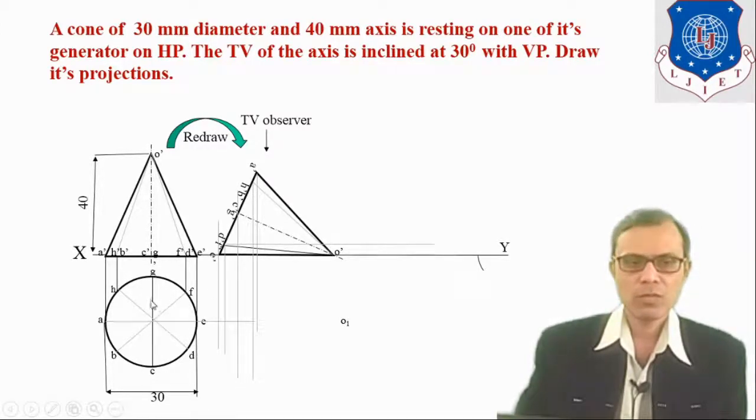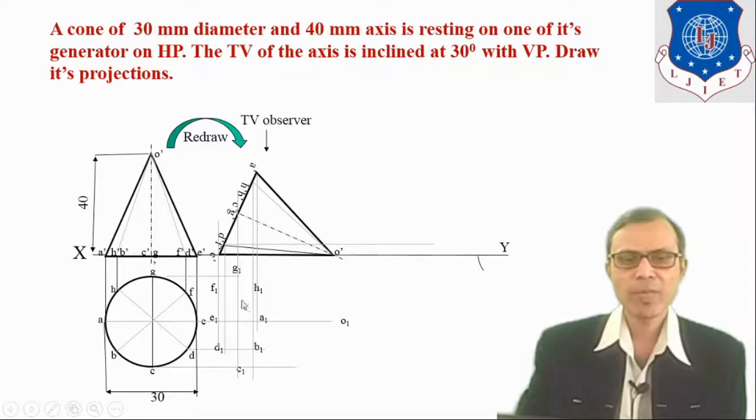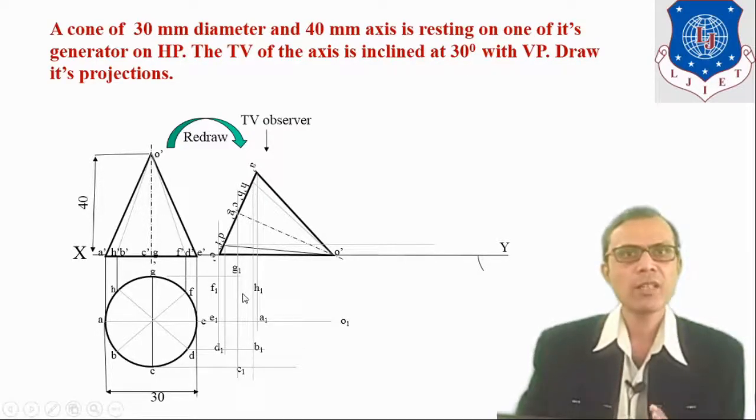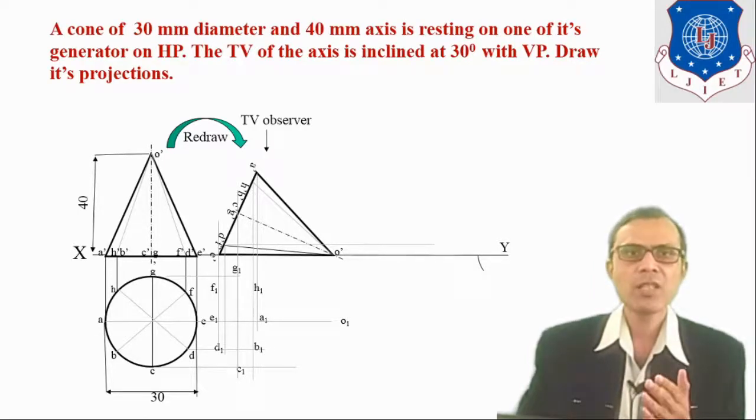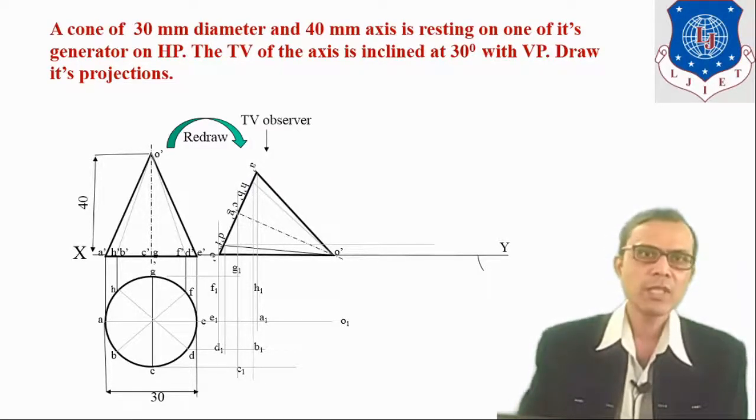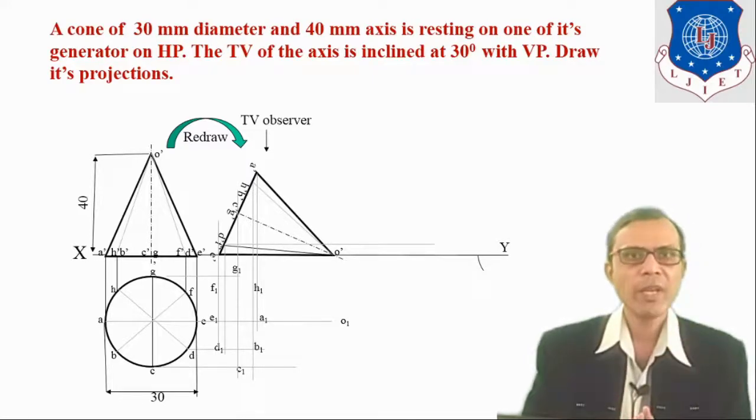From the top view of the first stage also draw the projector lines. Where they intersect at all the base periphery points, write down the notations as shown here for the respective intersecting projectors. Write down that particular notation: A1, B1, C1, D1, E1, F1, G1 and H1. So these are the points of the base.